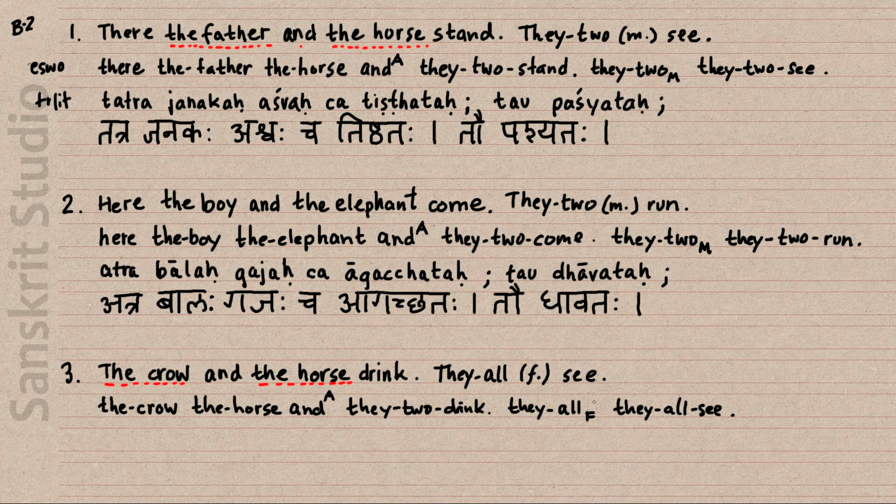Presumably it could be 5 women who are observing the crow and the horse, or it could be 10 female crows that are observing the masculine crow over here.